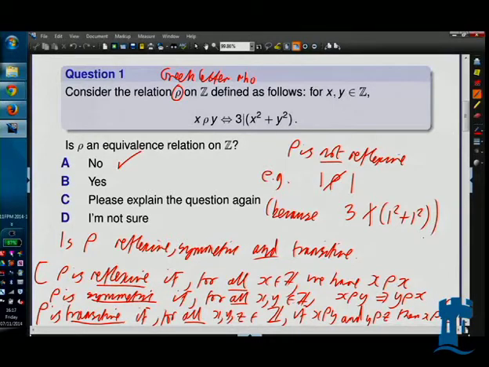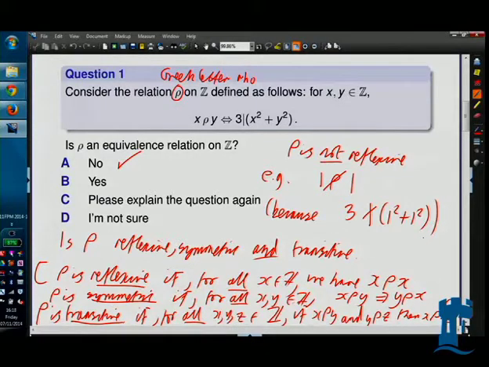Okay? You should give a specific example. You see, 3 is related to 3, 0 is related to 0. There are some numbers which are related to themselves, but there are also some numbers which are not related to themselves, and that's what matters here. Okay? So it's not reflexive.